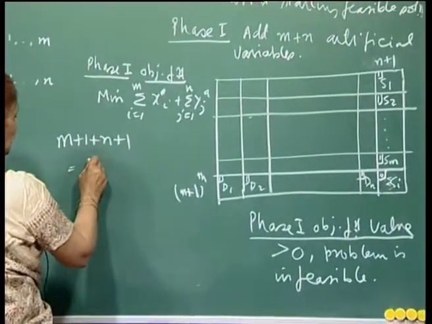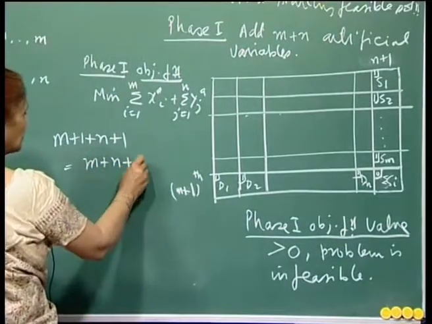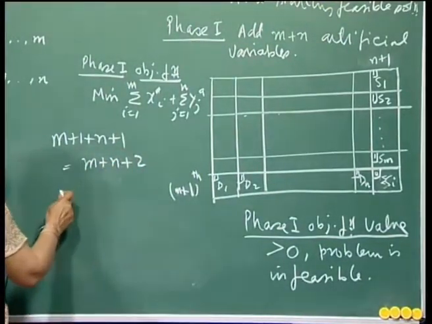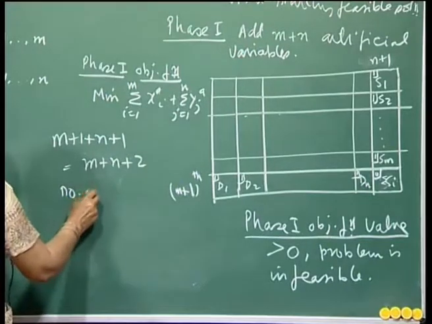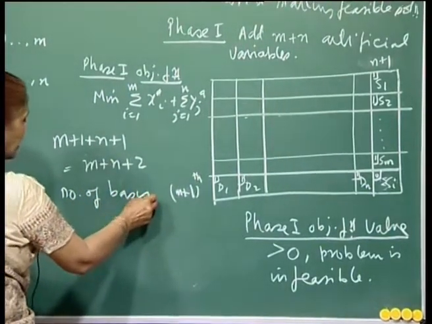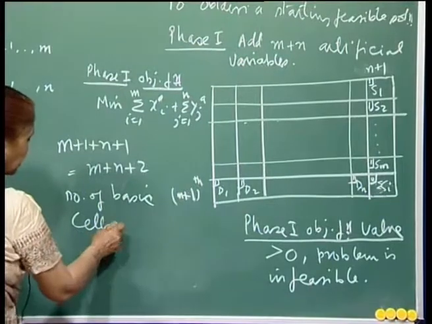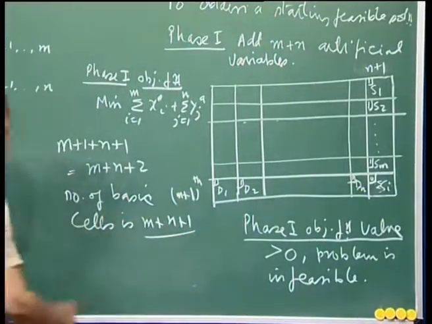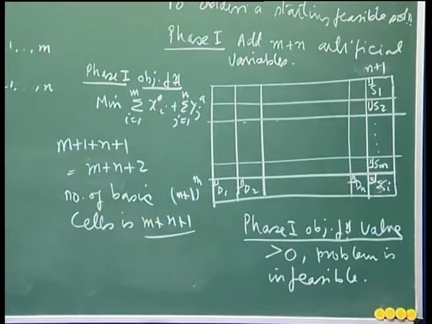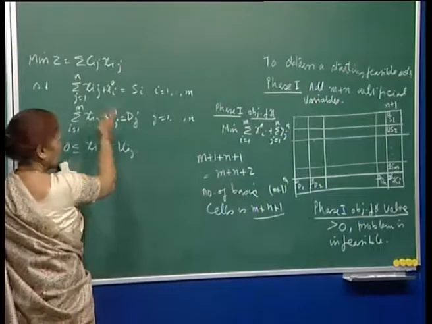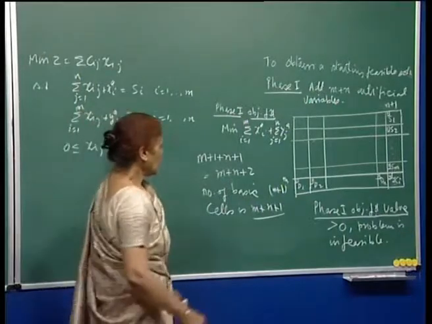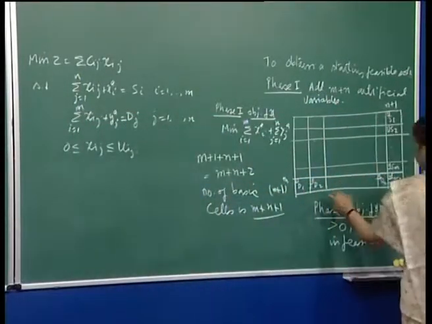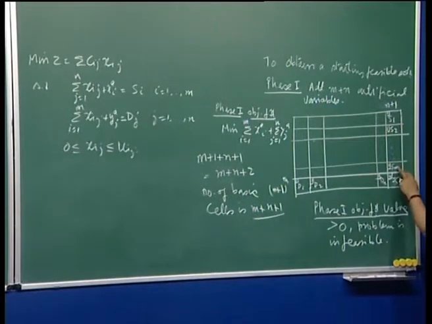So, the total number became m plus n plus 2, and therefore the number of basic cells is m plus n plus 1 initially, right. That is fine, because this is the extended problem. So, you will have that many. Here you can see, this is n, this is m plus 1. So, m plus n plus 1 basic cells you start with, right.